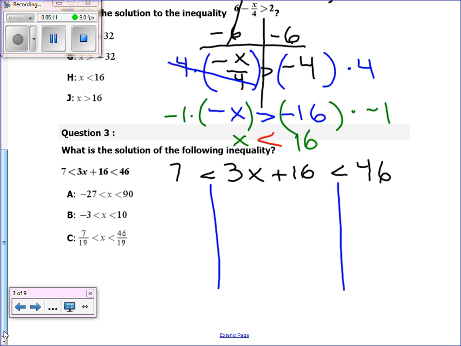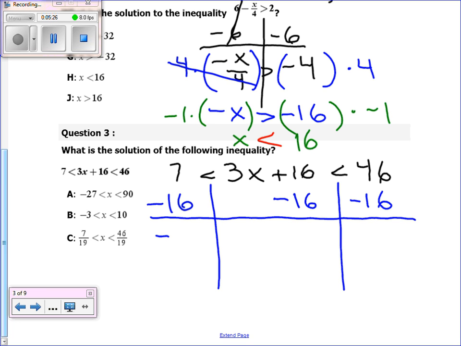But right now what I need to do is I have to get x by itself, so I'm going to subtract 16. And 7 minus 16 is negative 9. Left with just a 3x there. And 46 minus 16 is 30.